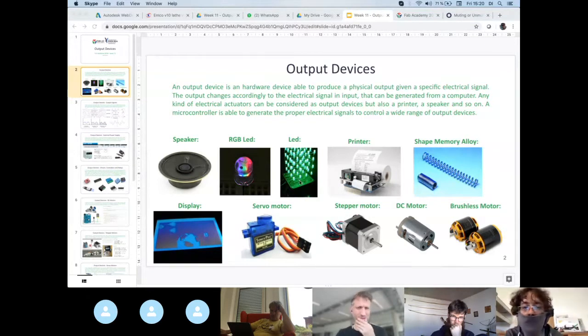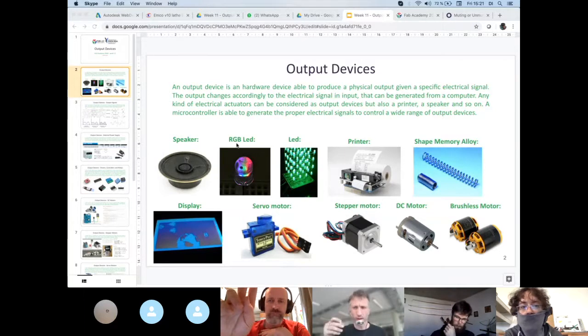Every LED can have a specific color and light intensity. But you can also have LEDs that can express the whole range of colors, for example red, green, and blue LEDs. These LEDs have three small LEDs inside: one red, one green, and one blue.